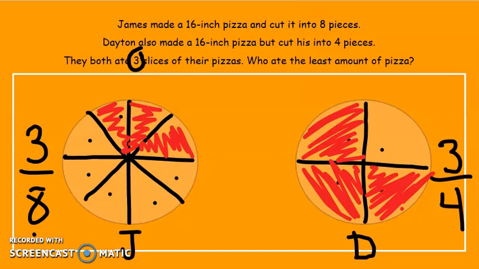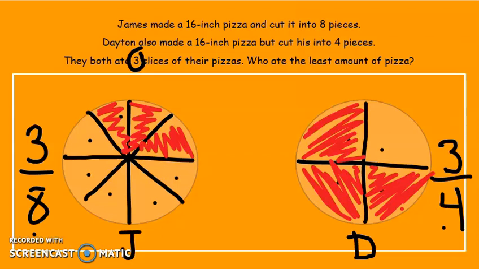However, you'll see by looking at our model that when you have a smaller number on the bottom, like 4, its pieces will be bigger because you have less pieces to divide your pizza in. But with 8, we have more pieces to split up our pizza, so our slices are smaller.